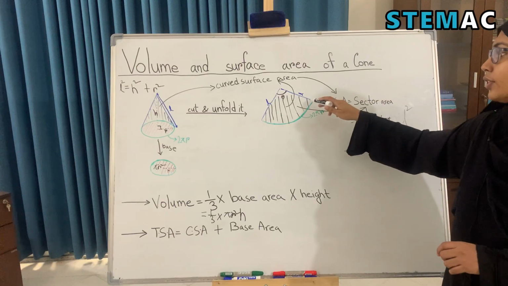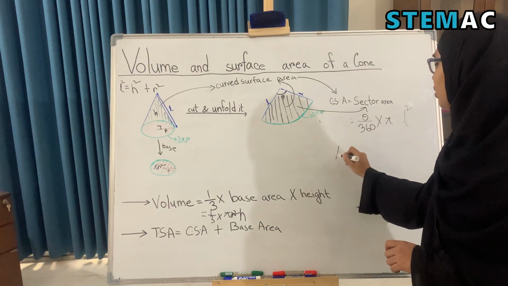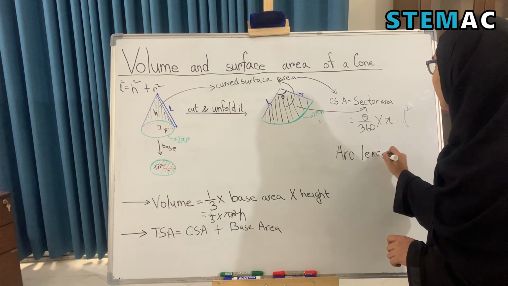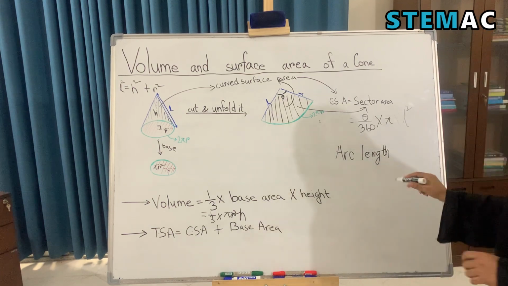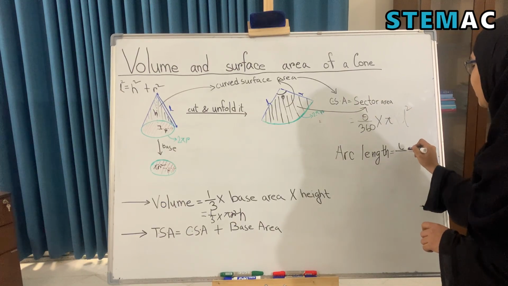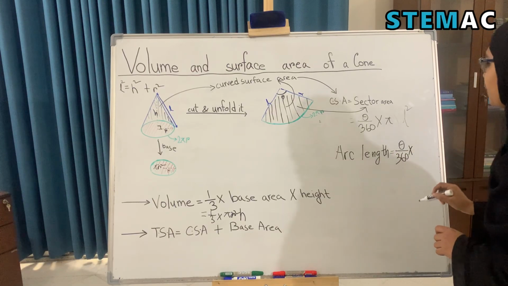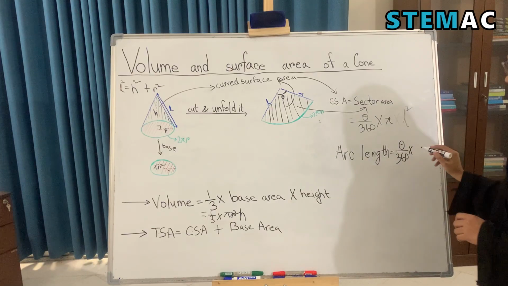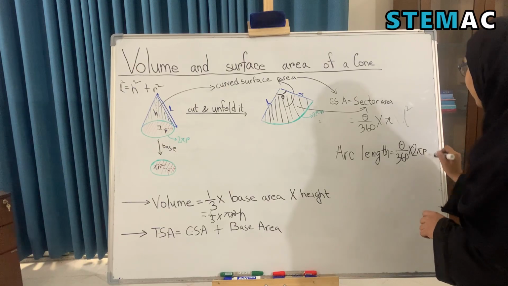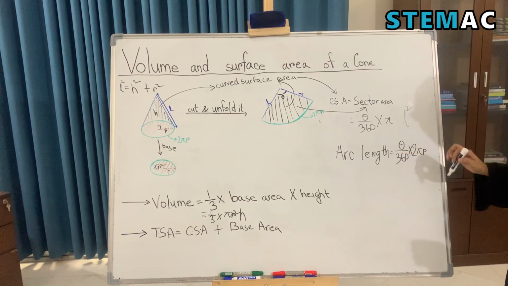Here the arc length of this sector of the circle is 2 pi r, and we know the formula for arc length is theta divided by 360 into 2 pi r. Here this is the formula for arc length.